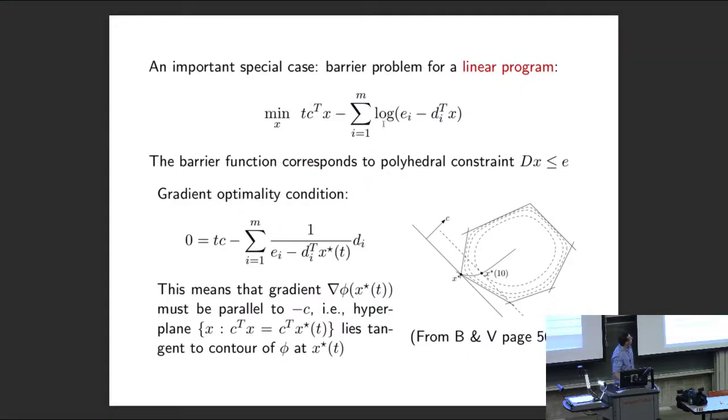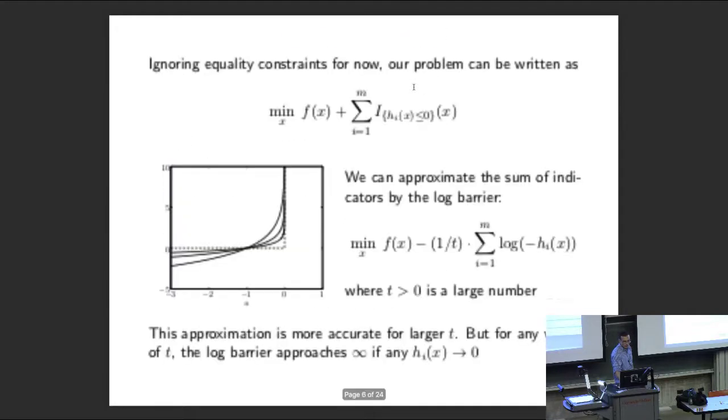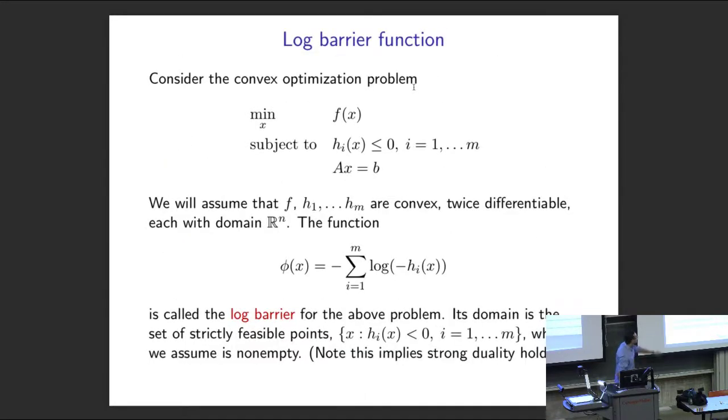For this problem, I didn't put any equality constraints down, and it has a simple form. You can just check that by taking the gradient and setting it equal to 0, because it's a convex problem.